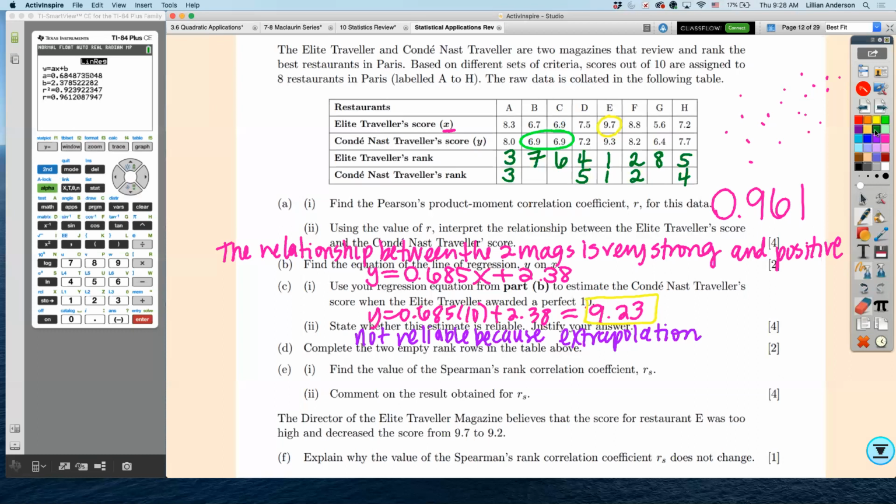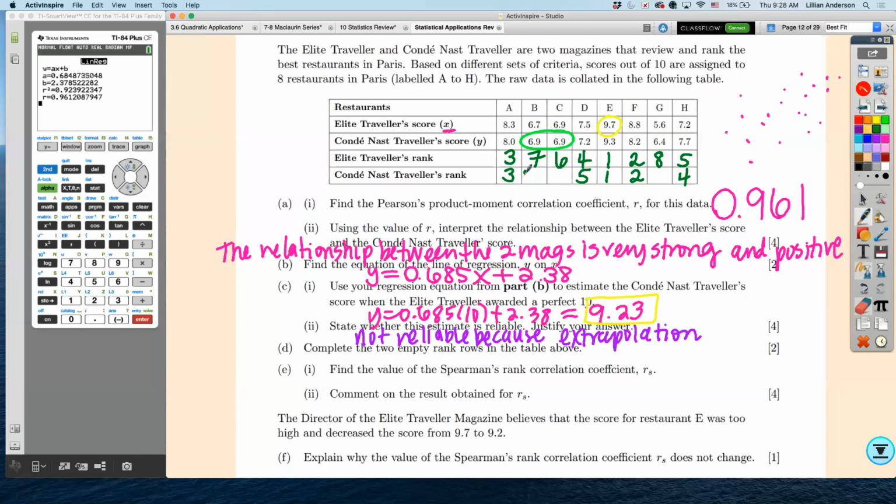My next number is supposed to be 6 when I rank it, but technically 6 and 7 is shared between B and C. So whenever ranks are shared, you take the average.